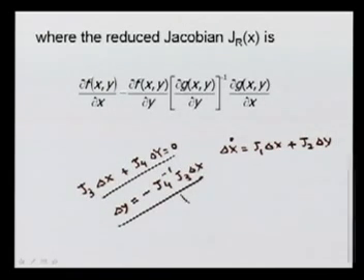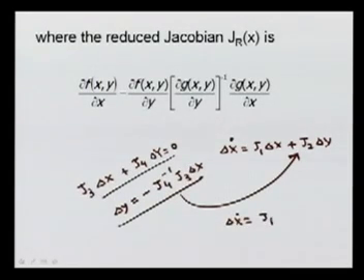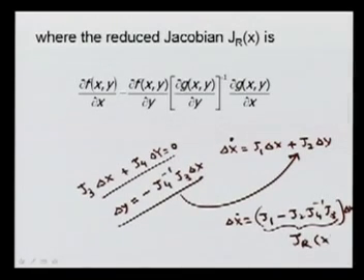Replacing this value in terms of y, we get x dot equal to J1 minus J2 J4 inverse J3 times the change in x. Now this matrix is called the reduced Jacobian J_R, and it is a function of x only.